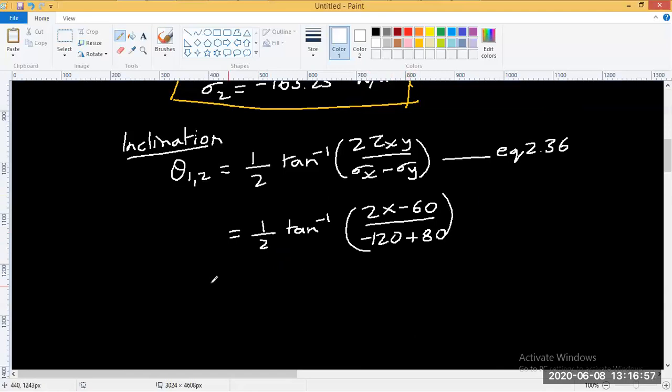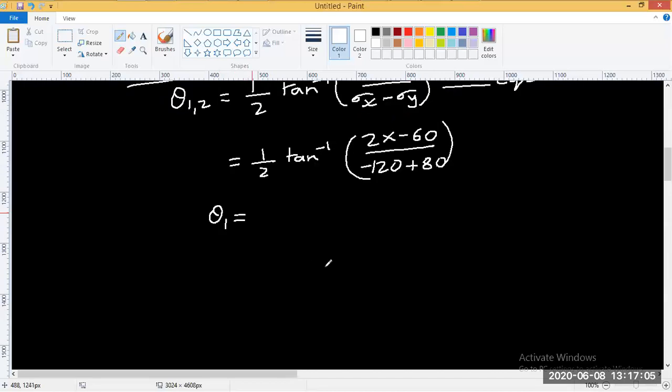So once you find this, you can find theta 1, and theta 2 will be perpendicular to it. The other stress will act perpendicular to that. That means it is theta 1 plus 90 degrees. Okay, so try to find that. Have everything here.